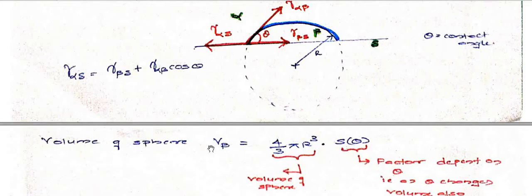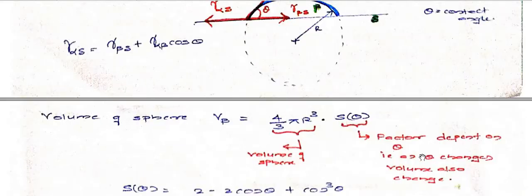So the volume of the sphere here we will represent as V beta. Beta represents the solid phase, so V beta will be equal to 4 by 3 pi r cube, which is the volume of the sphere, multiplied by S theta. S theta is a factor which depends on theta.